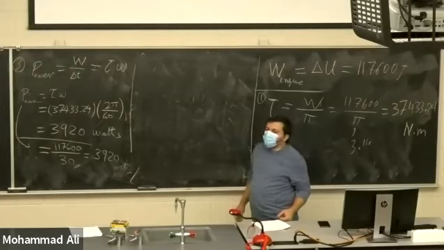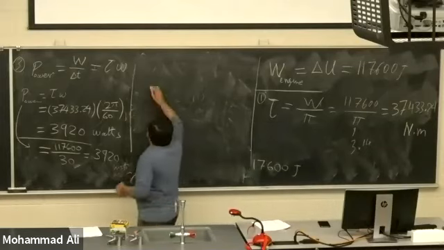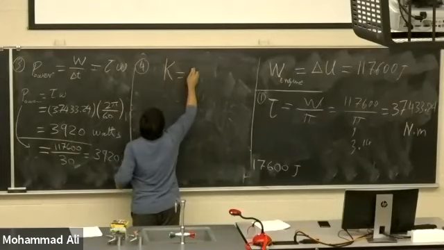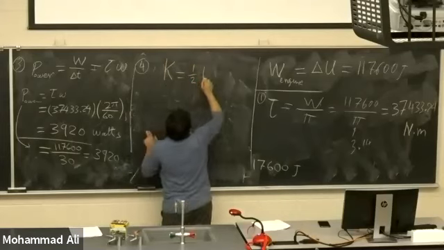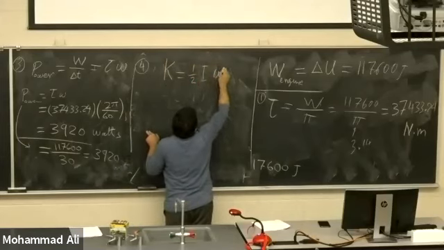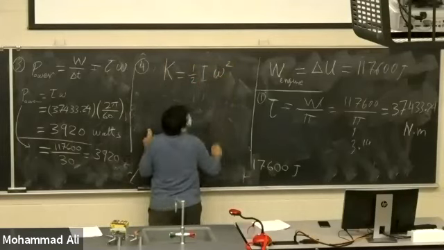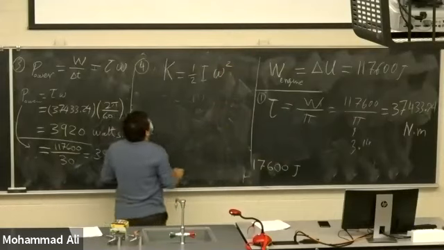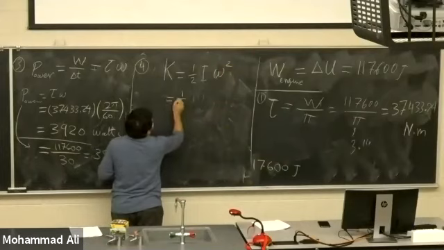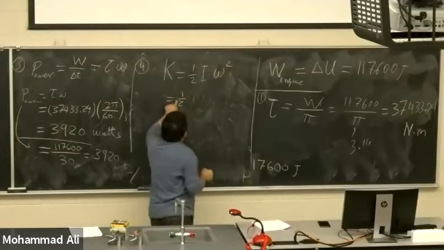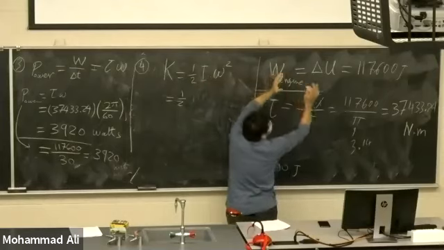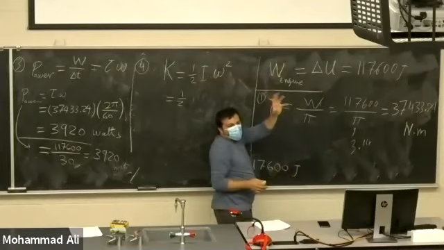Okay, what is the kinetic energy? We need to find the kinetic energy. And I told you, assume that the angular velocity is constant. This is 1/2, and also I assumed the cabinet is a point mass.